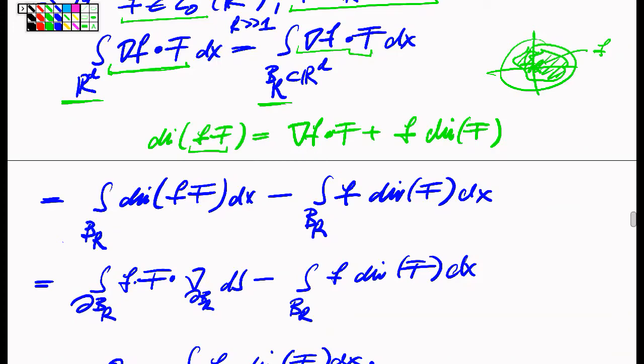So therefore I see that this part here, this gradient f times F, is one component of the divergence of the product.